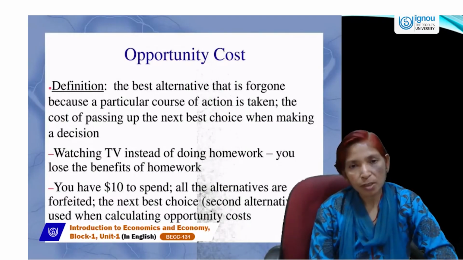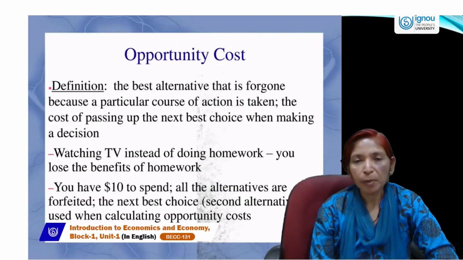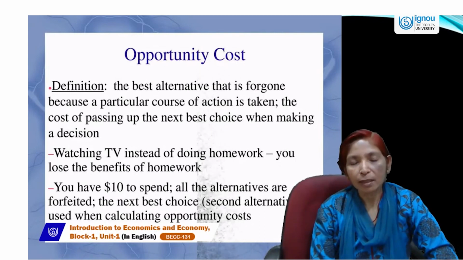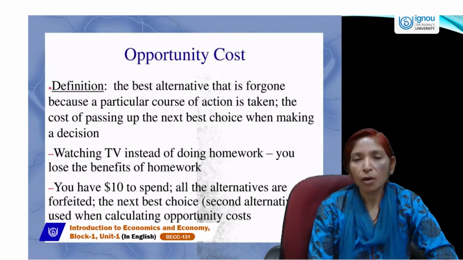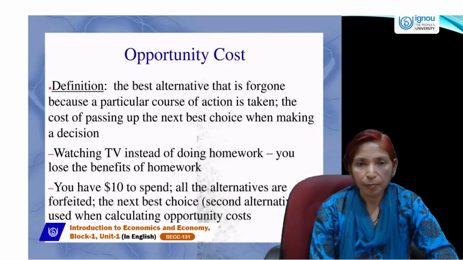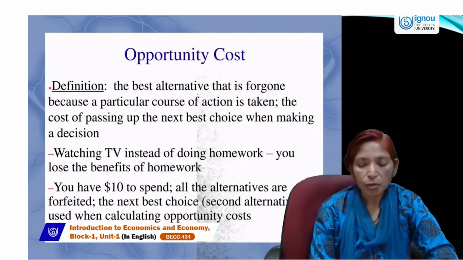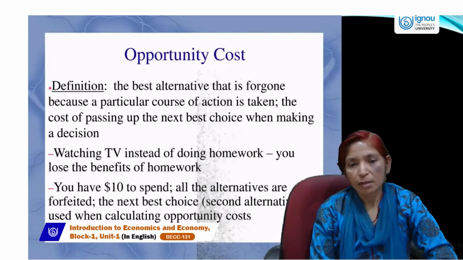So if the producer chooses to produce peanuts on that particular land area, then the producer has to sacrifice the other three options: wheat, rice, and sugarcane. That is called opportunity cost. In each and everything, we have to bear some opportunity cost.